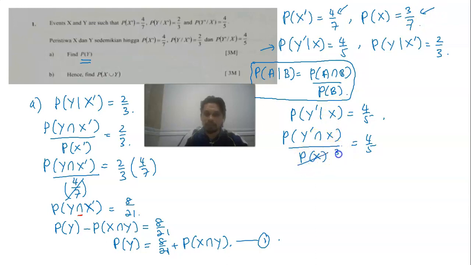Bring up and multiply by 3 over 7, so the probability of Y complement intersect X equals 12 over 35.